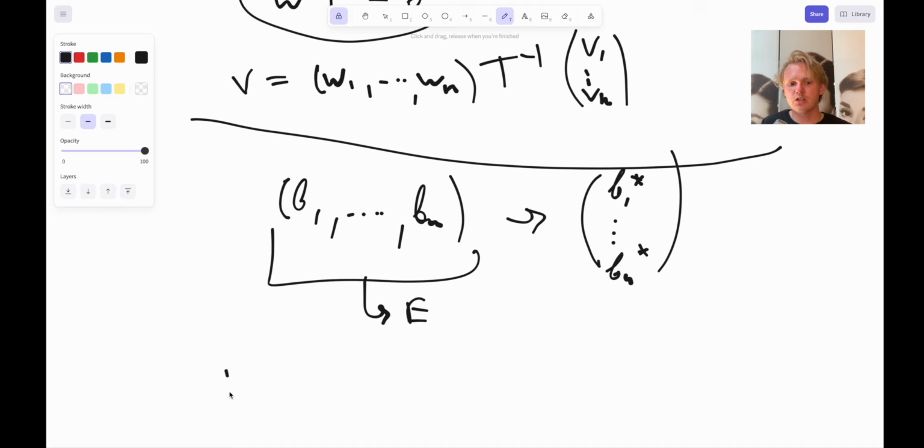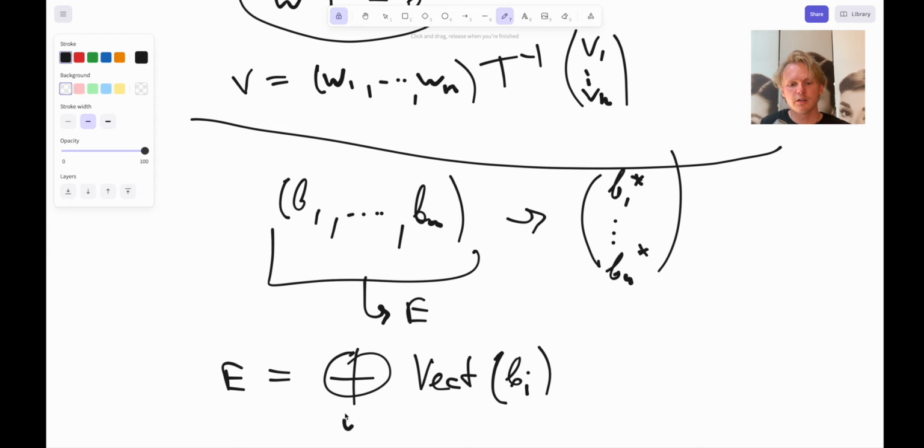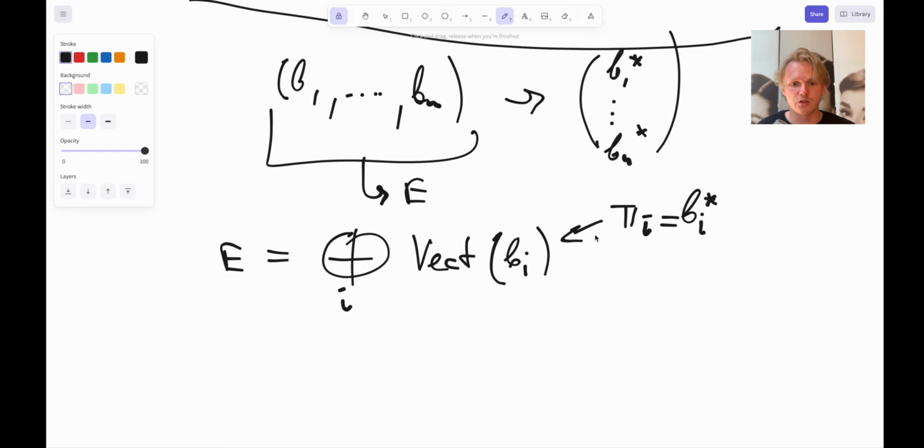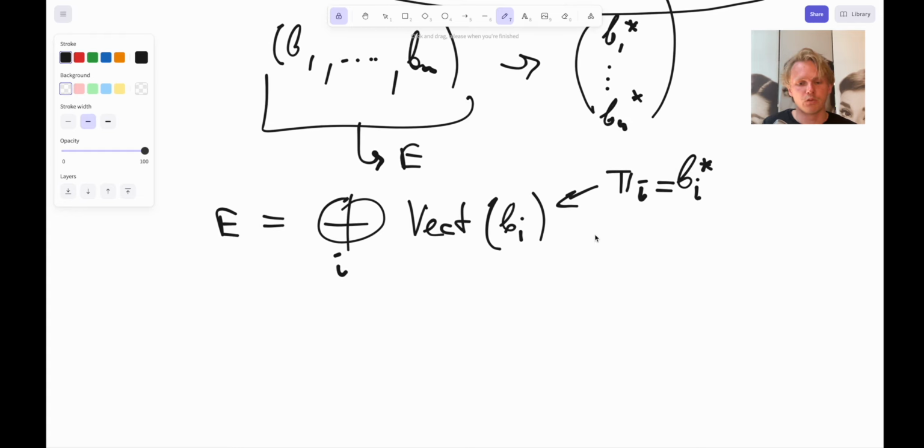You have a space, and the space is decomposed into subspaces, the span of b1 or bi, and you sum over i, right? And to each such decomposition you can associate projections. And its projection, we call a dual element of our basis. So this is associated to the basis, right?